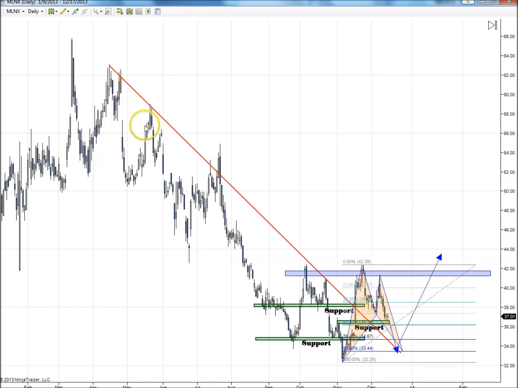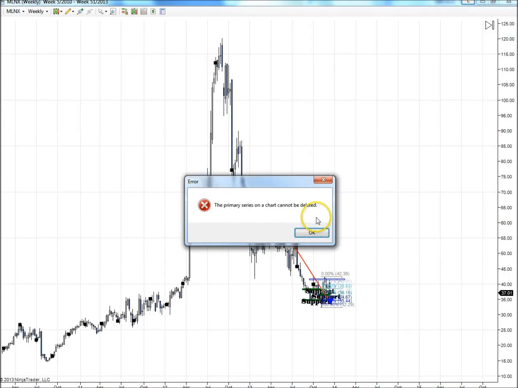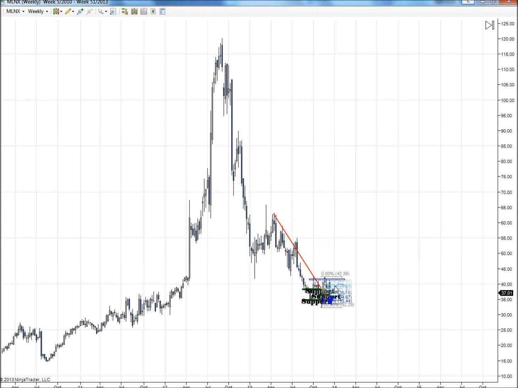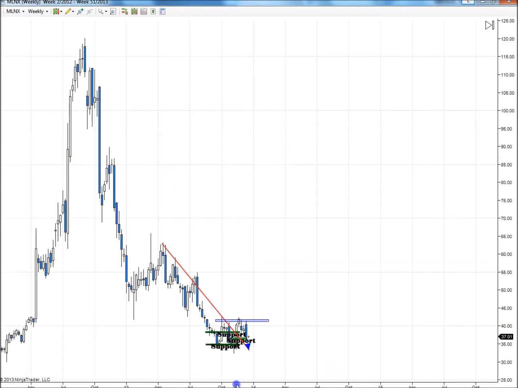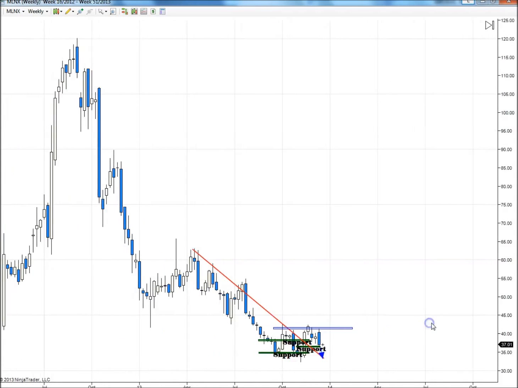Since the stock broke this daily downtrend line, I'm looking for long entries. If we look at the weekly chart, let's clean it a little bit, just a second. The stock has much room to go up.